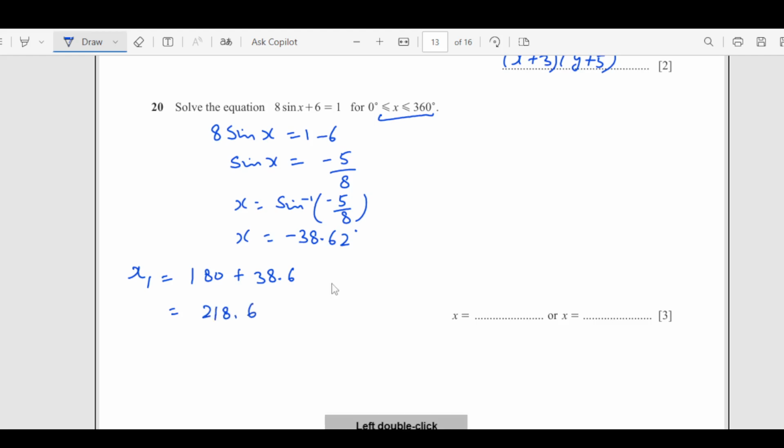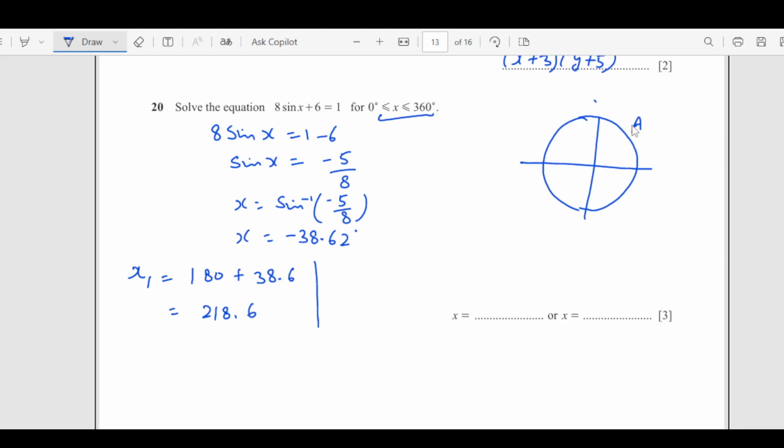Another one again after 360, if you see here, let me just draw. So this is your first quadrant. Here we have all positive, after school to college, right? So here all positive, sine positive, tan positive, cos positive, but our sine is negative.